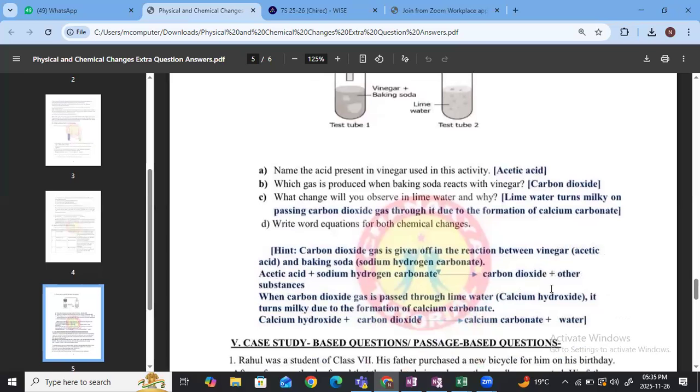It will give carbon dioxide and other substances, right? And lime water is basically calcium hydroxide. When it reacts with carbon dioxide, we get calcium carbonate, which is milky in nature. Ma'am, isn't calcium carbonate like chalk? Yes, you can say, it is chalk.